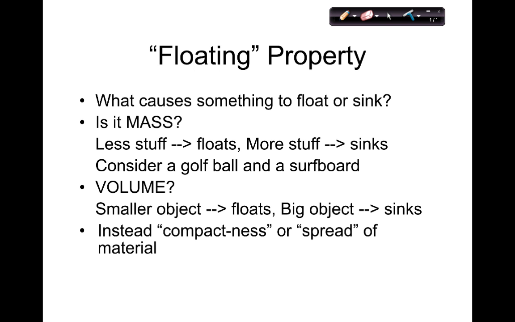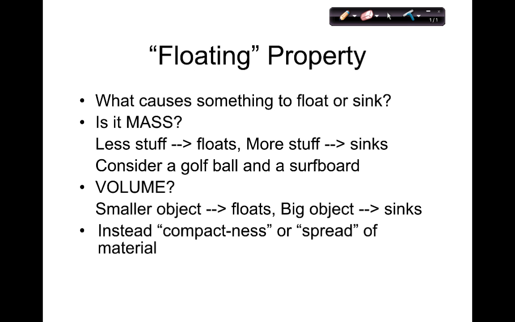So what is it? So instead, the property is actually how compact the actual stuff is. Is it really compact together, or are the molecules kind of spread out? Is the material inside spread out? Like surfboard is foam, right?